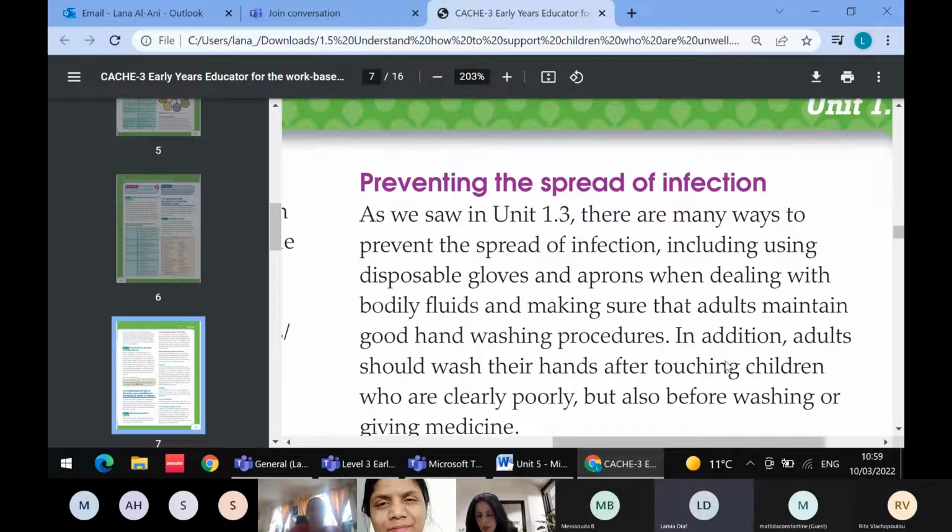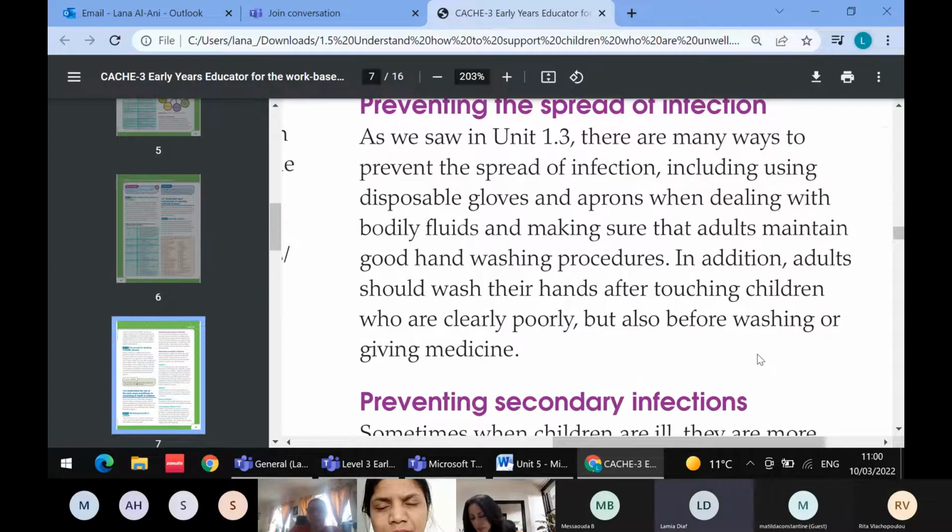So we need to keep the nursery always hygienic. We need to stop spreading any infection. We always use gloves and aprons when dealing with body fluid, and make sure that the adult is always washing their hands. We teach the children to wash their hands as well.